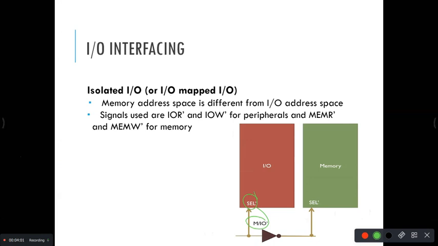This is the select bar, so it is enabled. Can you tell me whether memory is enabled at the same time? Memory is not enabled, right?